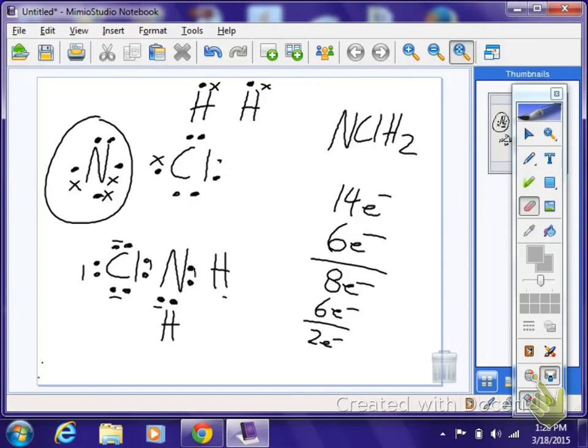Yeah, it goes on nitrogen because it only has 6, right? So nitrogen only has 6. So that central atom, that says in its statement there, that if you get to this point and you haven't used them all and you've got all the branched atoms taken care of, what you need to do is put them around the central atom to get it to where it has 8. So now we have 14 electrons.